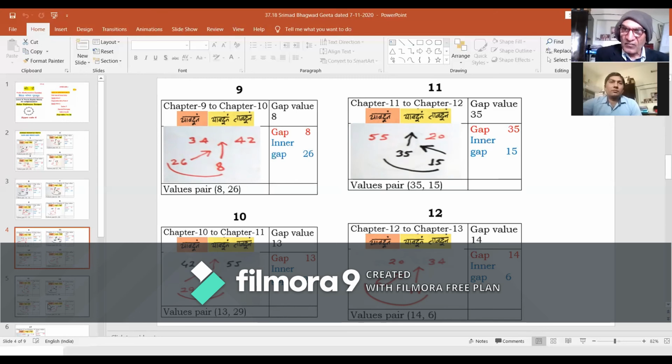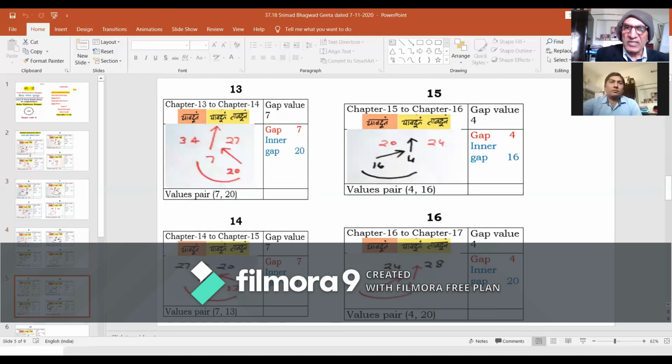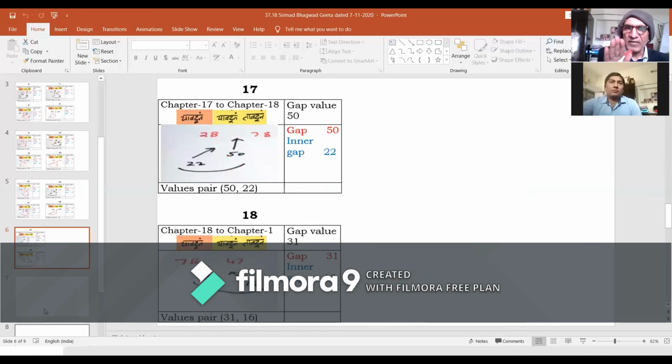Once one is parallel with all these gap values 13, 14, 15, 16, 17, and 18, then one will have the bliss of a reach of the Vedic mathematical domain.